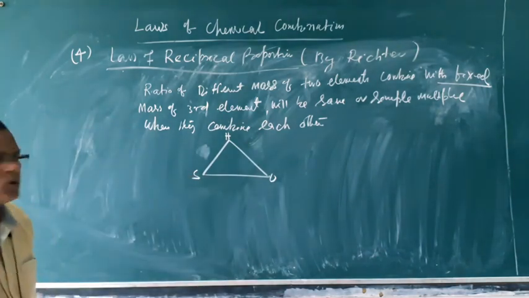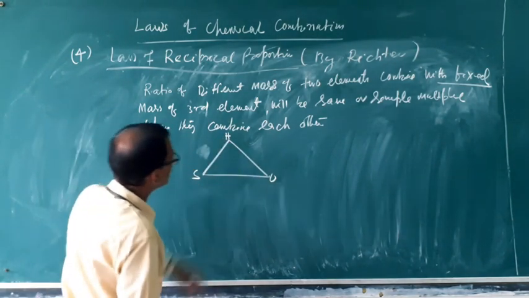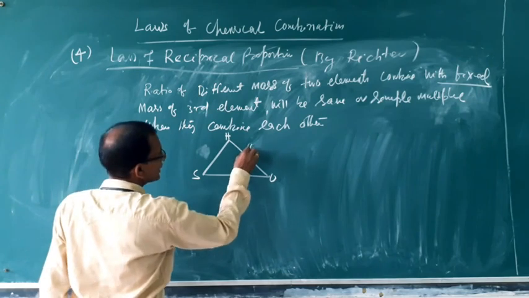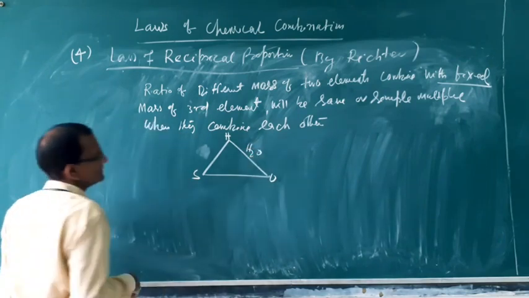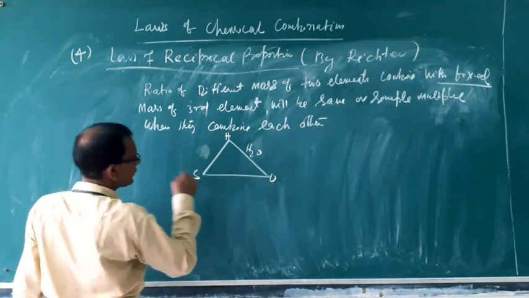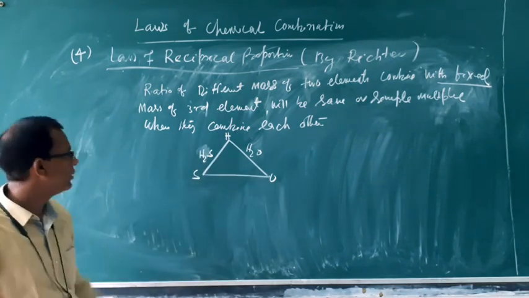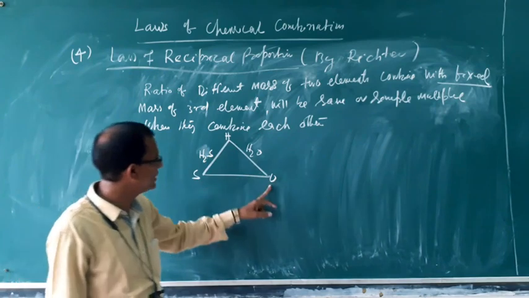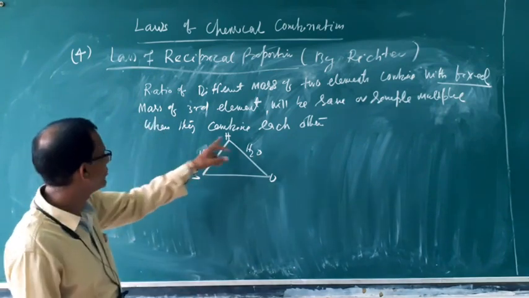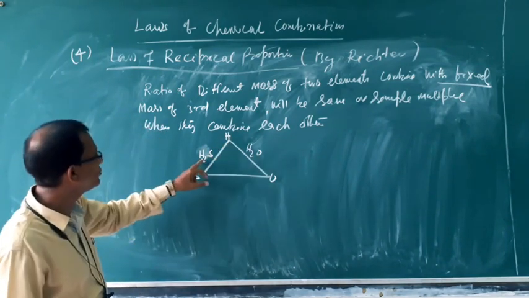Hydrogen and oxygen combine to produce water. Then hydrogen and sulfur combine to form H2S.